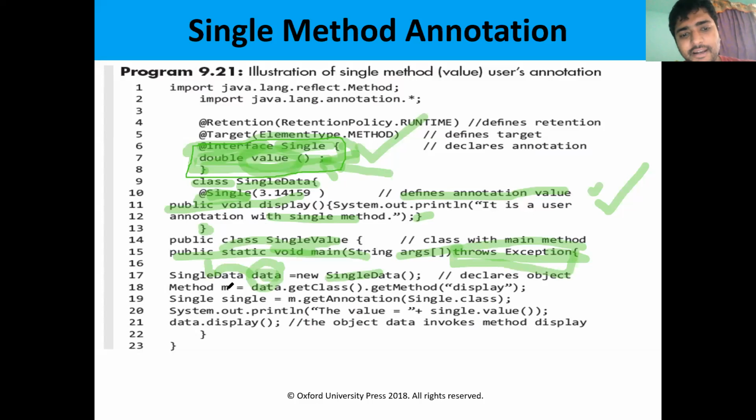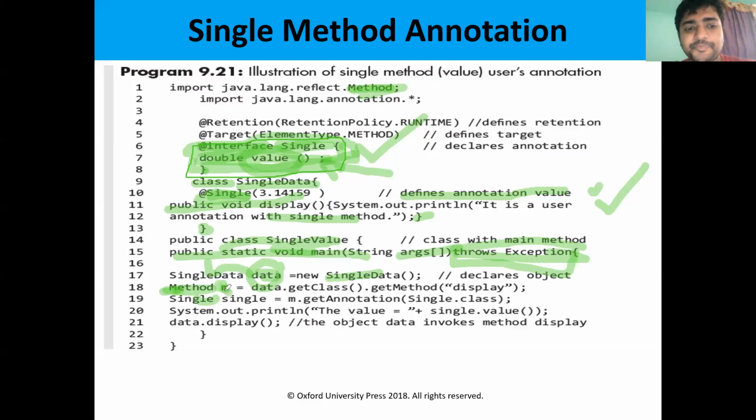And then I am defining another object m of type Method. Already we have imported the Method class, so we are defining an object of type Method class. We have to give the class name here, and the class name is Method. So the Method class is already imported into the program.